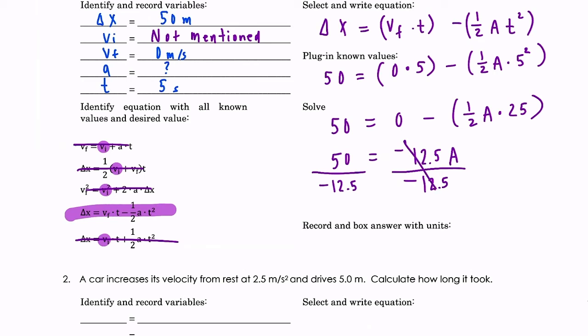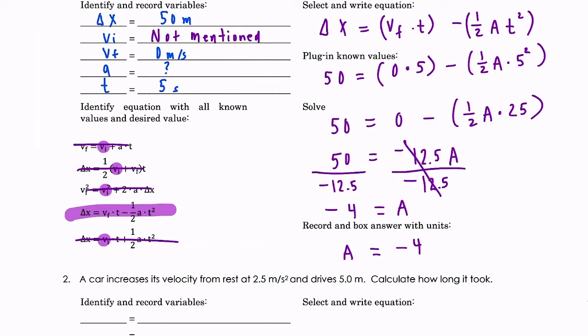That allows me to cancel out the negative 12.5 on the right side of the equation, and 50 divided by negative 12.5 is negative 4. And bring down my equal sign, and what's left over on the right is just a. So finally, the acceleration is equal to negative 4.